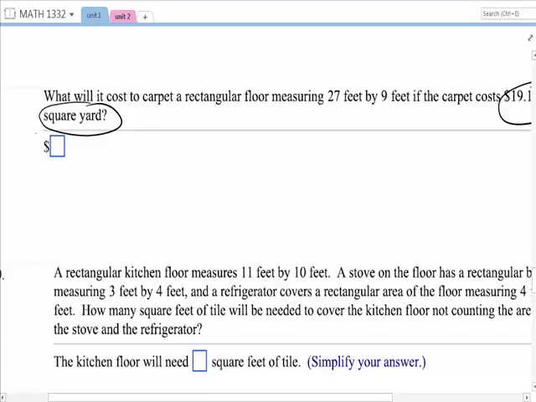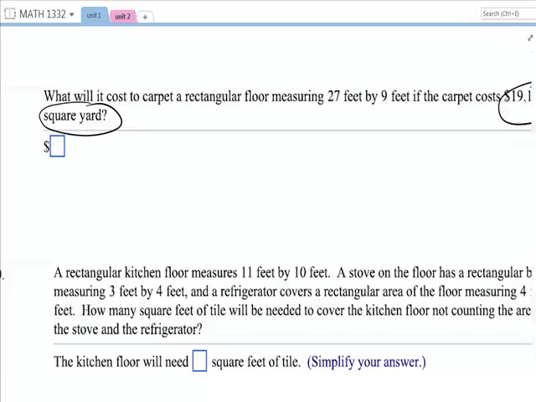There are 2 ways to handle this, and I want your help in figuring that out. I have to know how many square yards are in my room, so that then I can multiply it by the $19 and whatever cents per square yard. Let me have a suggestion. Find the area first.